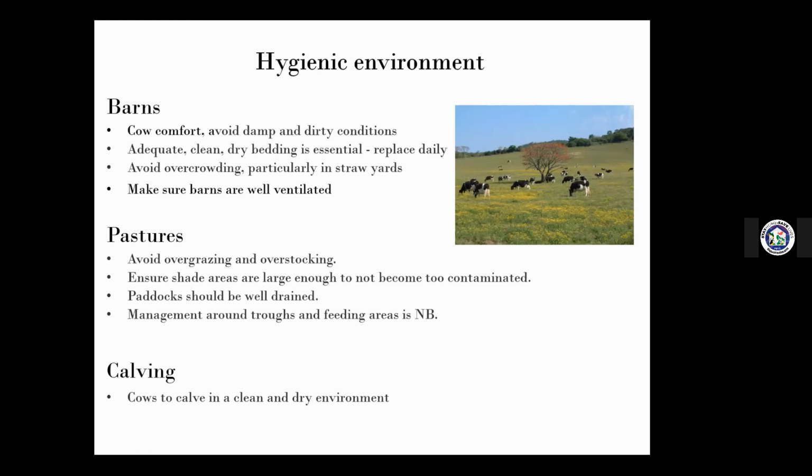Ensuring shade is more than we're able to do in our country, but we should try to have paddocks that are at least well drained, and manage the troughs so that we don't have troughs overflowing. And a very important part of our hygienic environment is the area where the cows are calving, to keep that as clean and dry as possible.